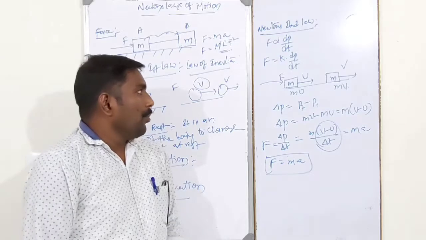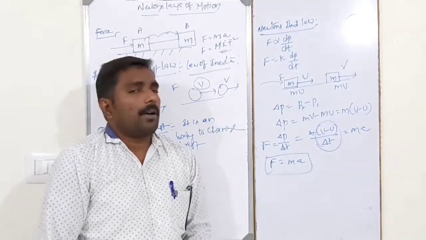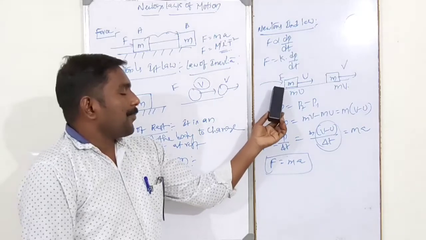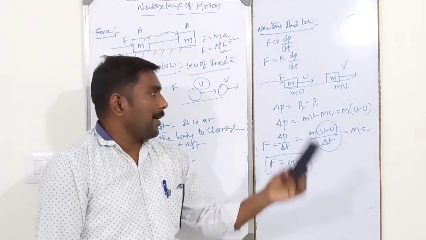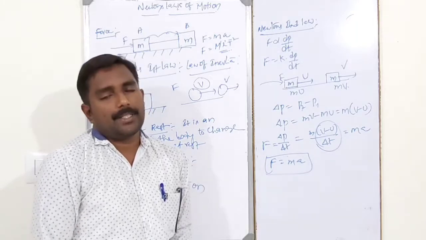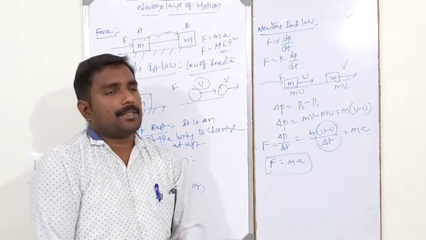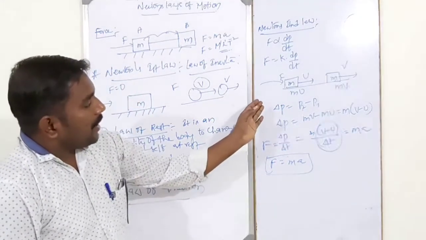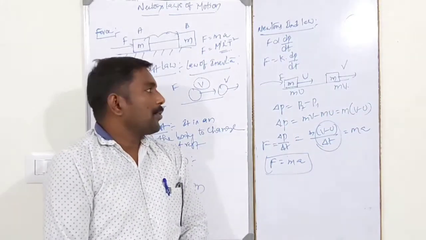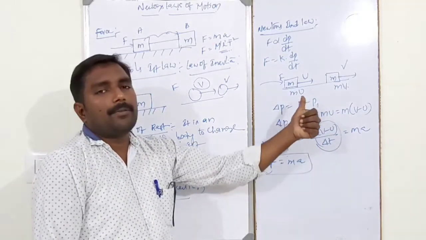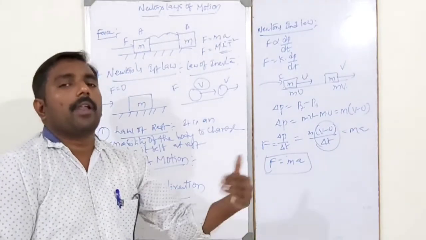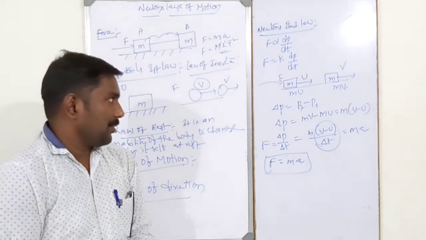the body is moving along a straight line. If the applied force is along the direction of momentum, then momentum will increase, or velocity will increase. Or if the applied force is opposite to the velocity of the body, momentum will decrease, that is, the final velocity will decrease, and the body will have deceleration, not acceleration.